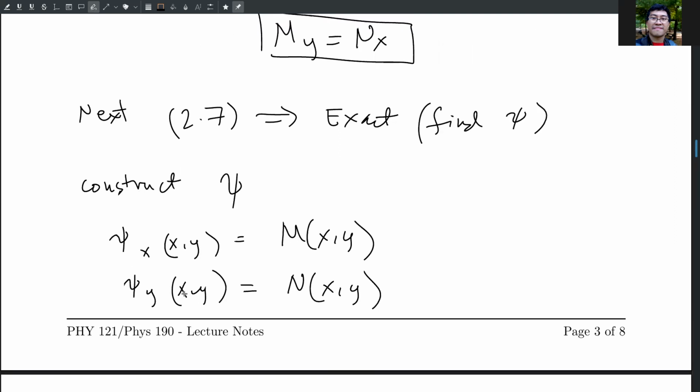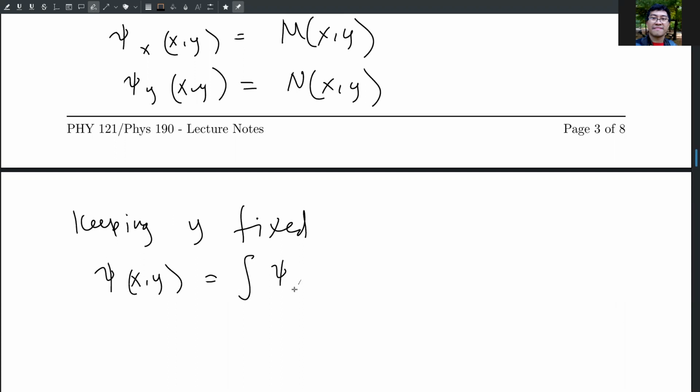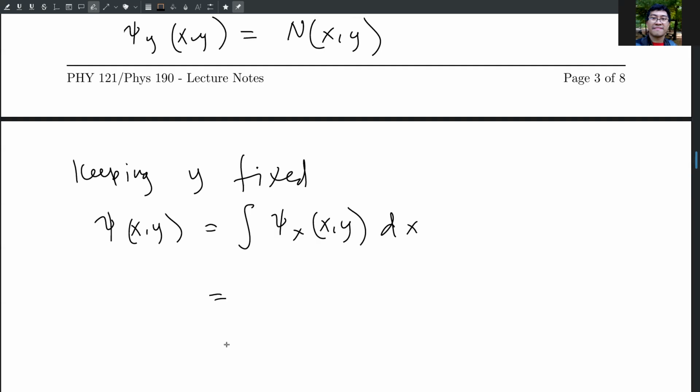So assuming there's a psi satisfying this, and we want to get that psi, if we keep y fixed, psi is derived by integrating psi_x dx from some limits of integration.